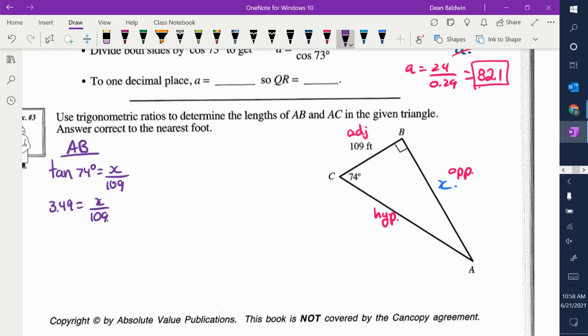So then just multiply the 109 up. What are we going to round to? Nearest foot, so 380. People agree with that? So this is 380 feet.